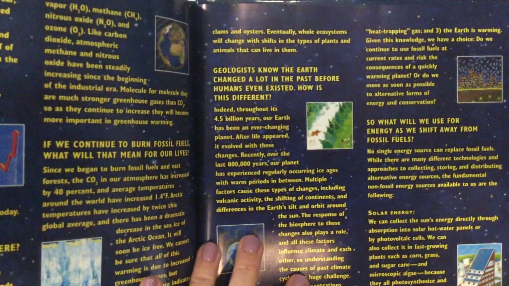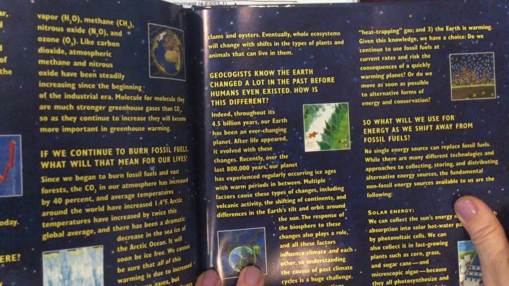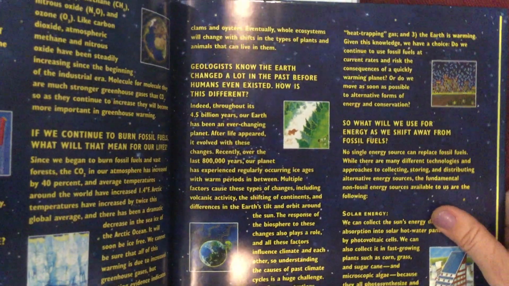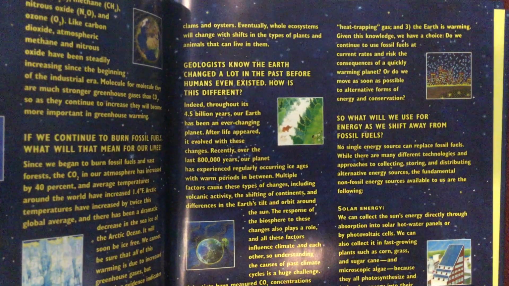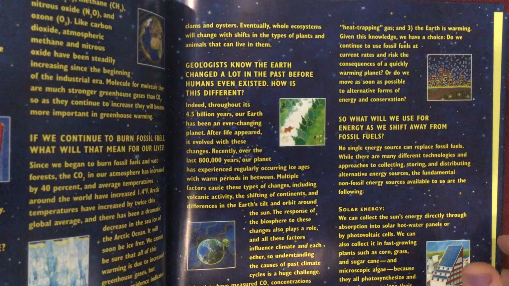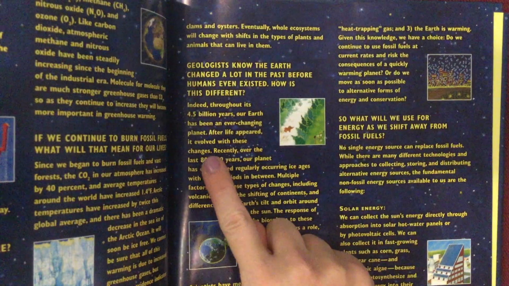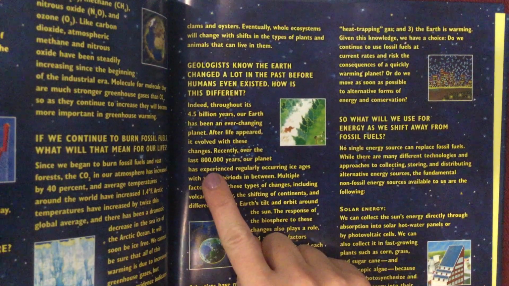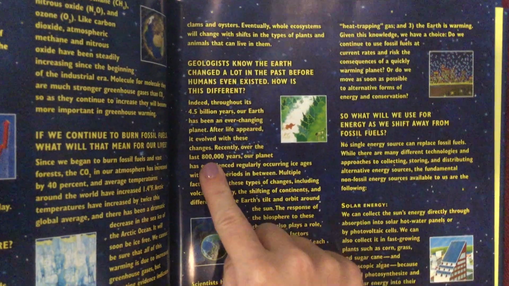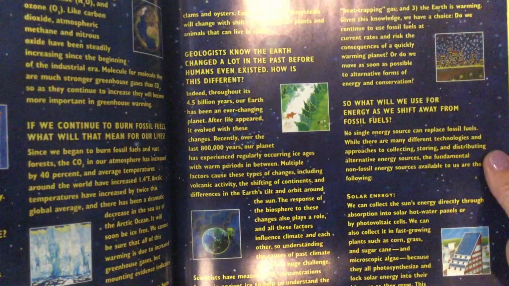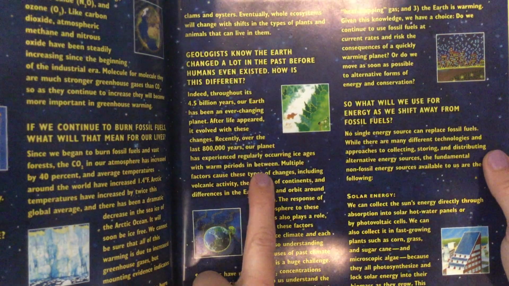Geologists know the Earth has changed a lot in the past before humans even existed. How is this different? Indeed, throughout its 4.5 billion years, our Earth has been an ever-changing planet. After life appeared, it evolved with these changes. Recently, over the last 800,000 years, our planet has experienced regularly occurring ice ages with warm periods in between.